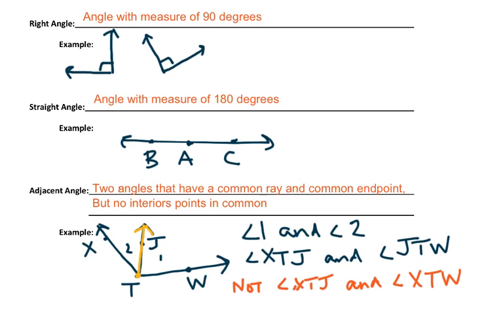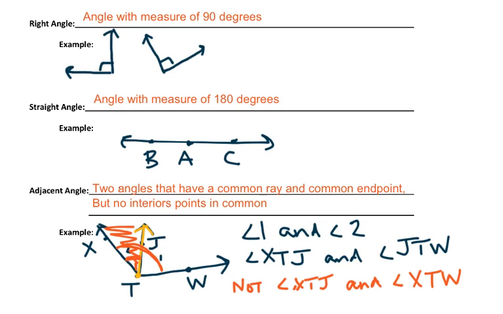Let me explain why that's not adjacent. XTJ is this angle right here, and XTW is this angle here. And they have all of this stuff in here in common. But the definition of adjacent angles, you're not allowed to have any interior points in common. So that's why those are not adjacent.